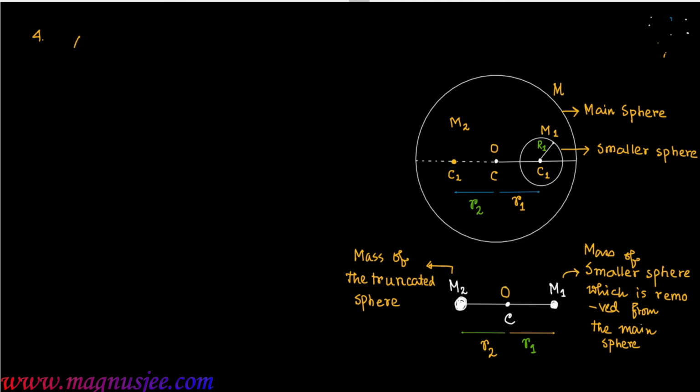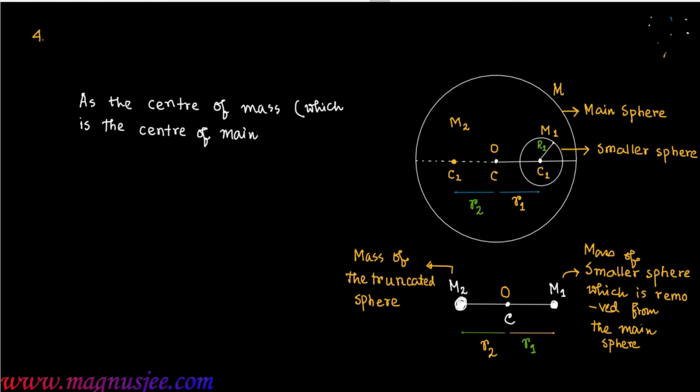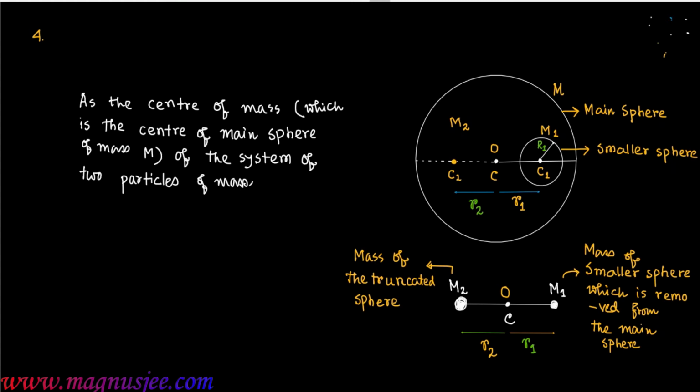This center of mass C coincides with the origin O, which is the center of the main sphere of mass capital M, for the system of two particles of masses M1 and M2.